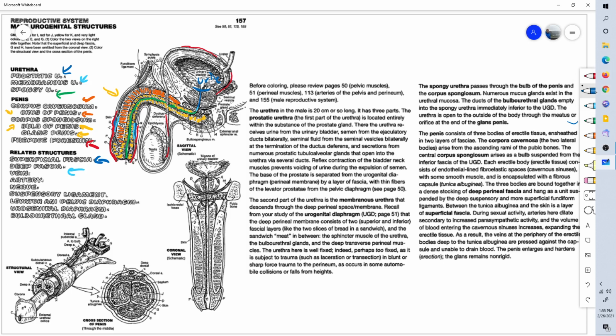For veins, let's use blue. There are veins, which is here, veins, and there are arteries. I'll put them in red.